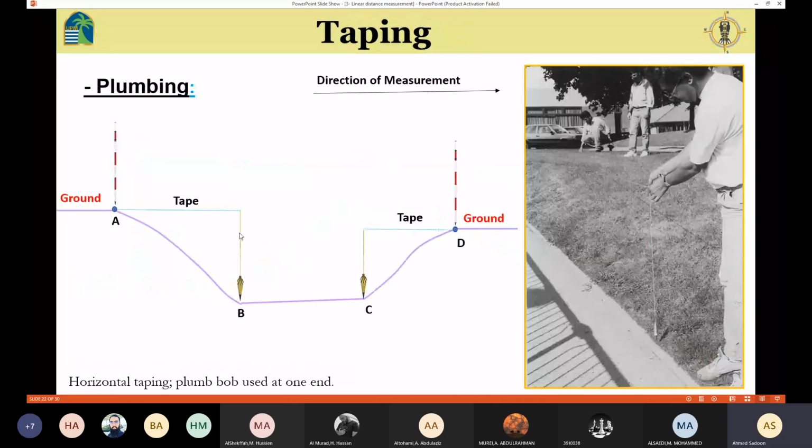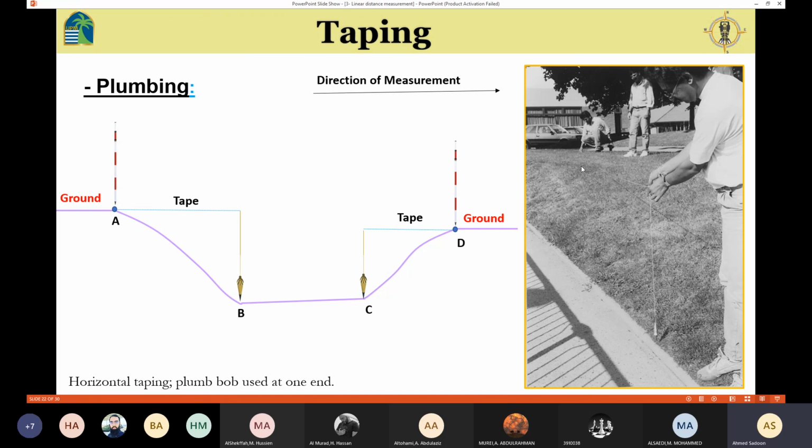Also, we are going to use the plumbing in case you have a slope here. For example, if I'm going to lay the tape like that, of course here it should be horizontal. Then in order to transfer this point here to the ground, I'm going to use the plumb bob. Similarly, here in this case, since I have a slope, I'm going to use the plumb bob to transfer the reading from here to there.